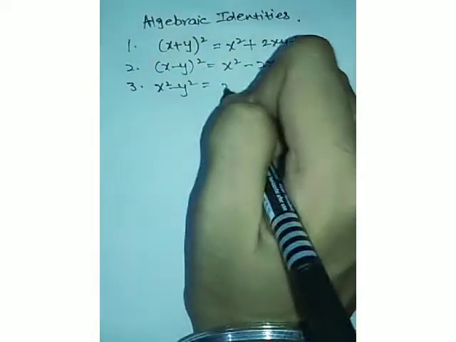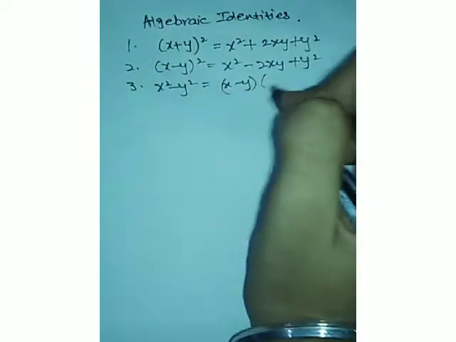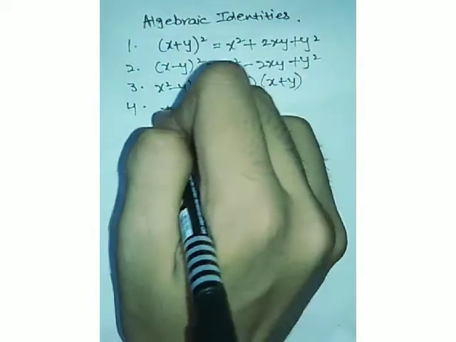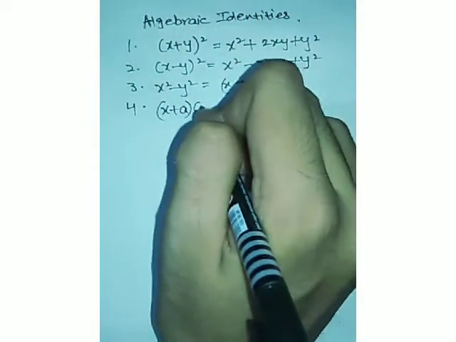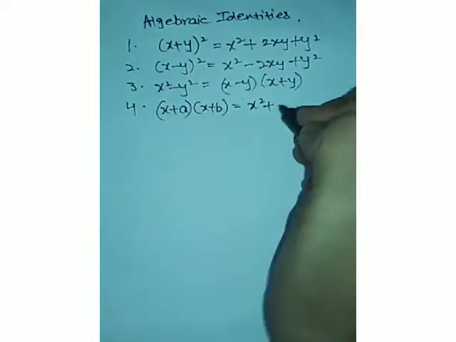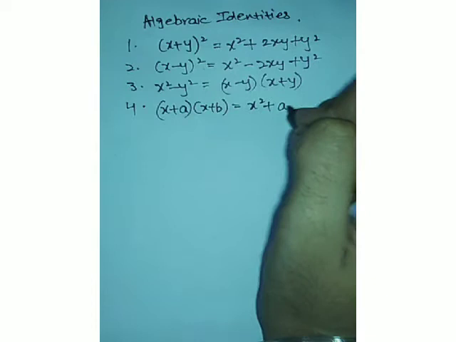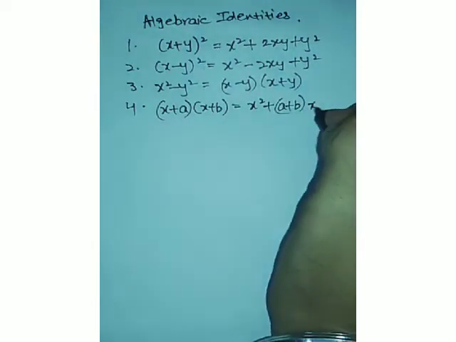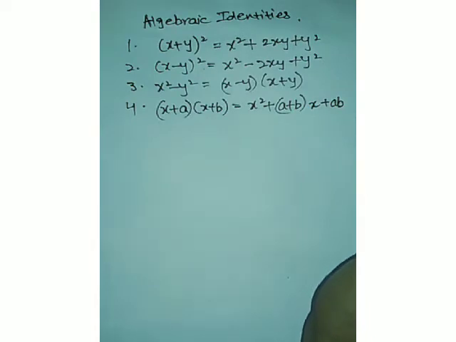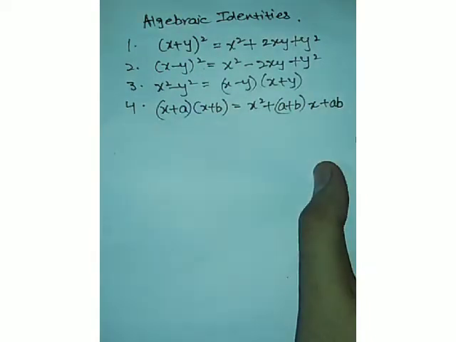The third one is x square minus y square, which equals x minus y times x plus y. The fourth is x plus a times x plus b, which simply equals x square plus (a plus b)x plus ab. Alright, we will apply these identities to solve our examples.